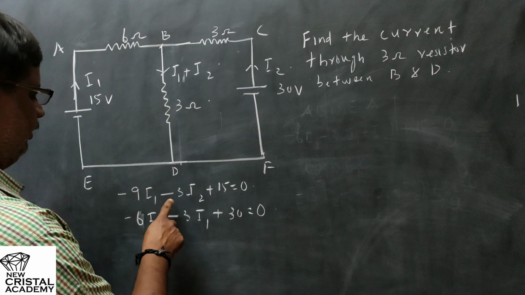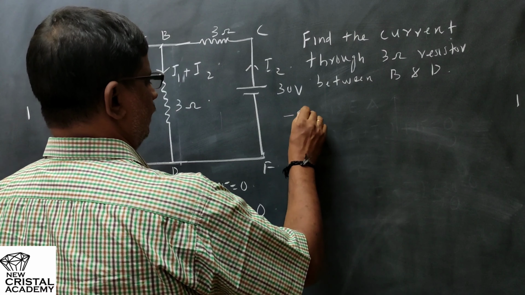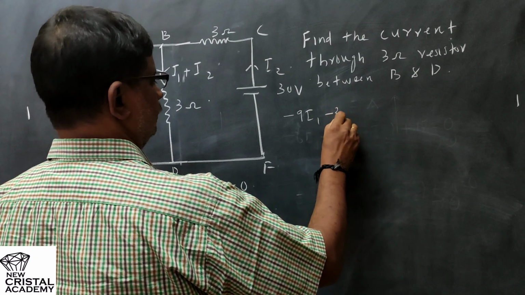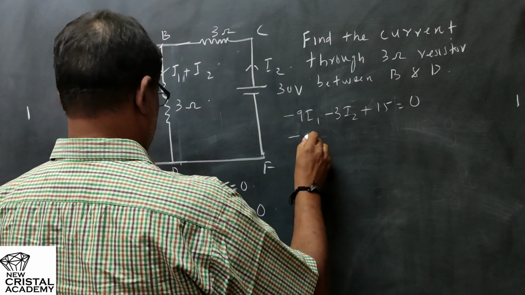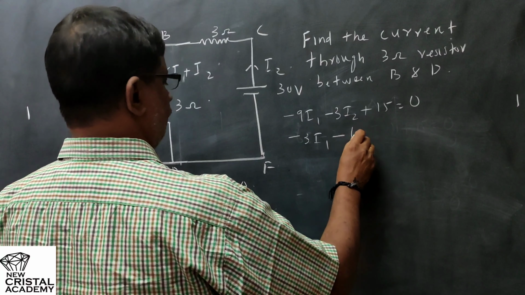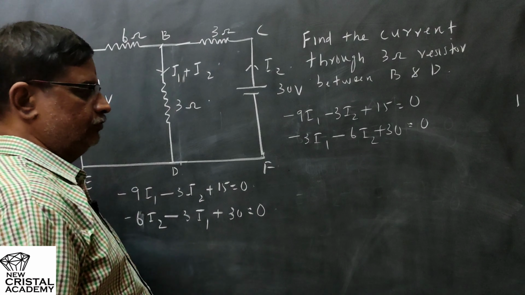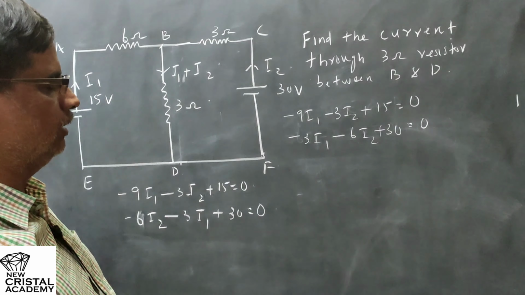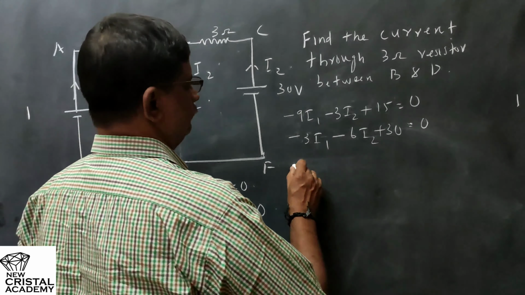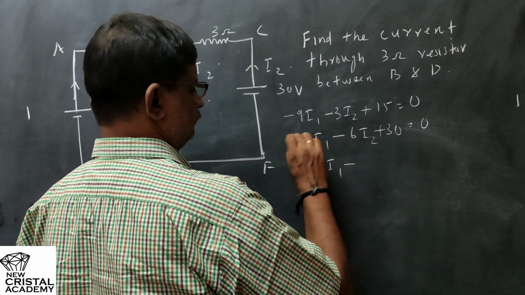Now let us eliminate I2 from these two equations. We have minus 9I1 minus 3I2 plus 15 equal to 0 and minus 3I1 minus 6I2 plus 30 equal to 0. In order to eliminate I2 between these two equations, I multiply the first equation by 2.